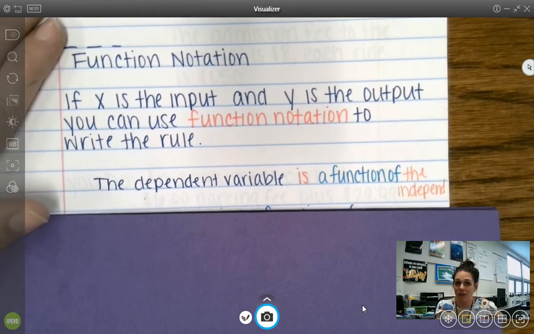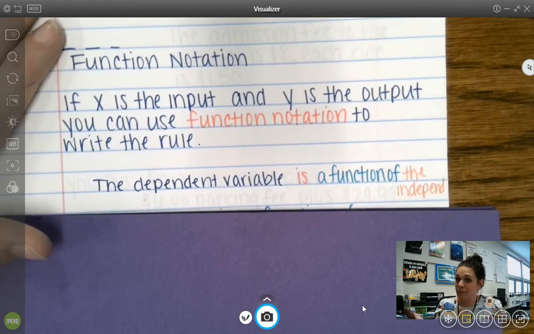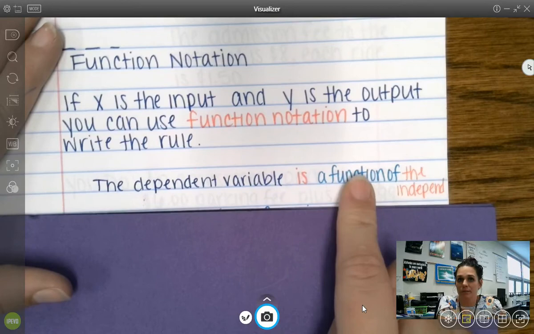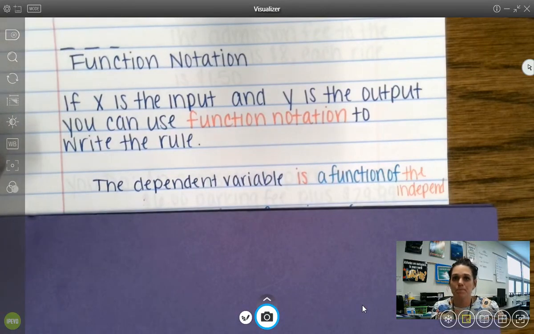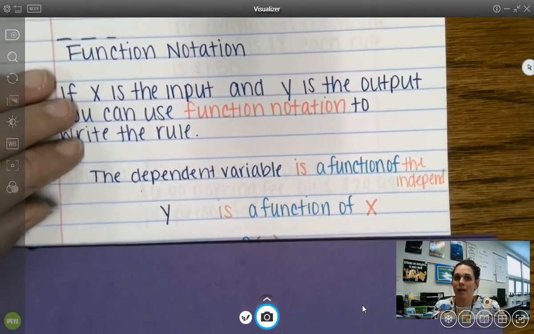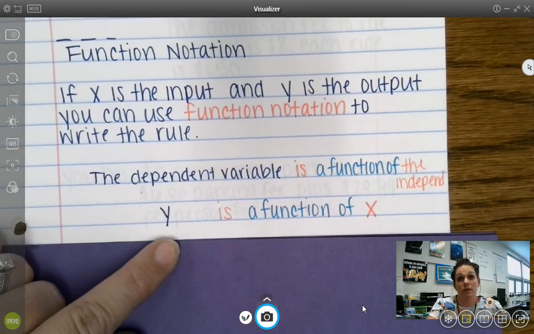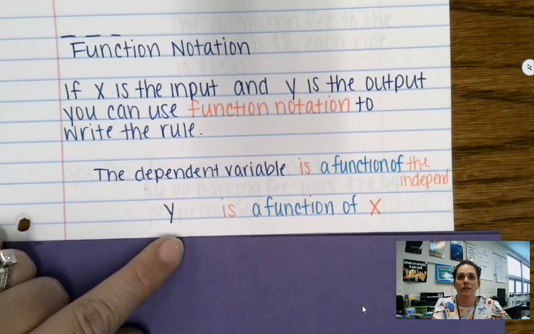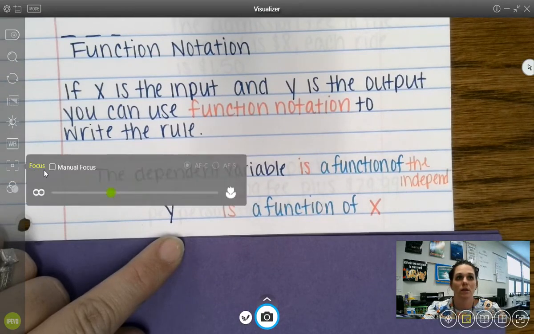The dependent variable is a function of the independent. I plug in X, function happens to it, I get Y. Okay, so that means I can write it. So dependent is Y, is the word is, a function of, and independent is X.